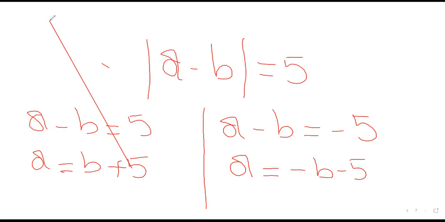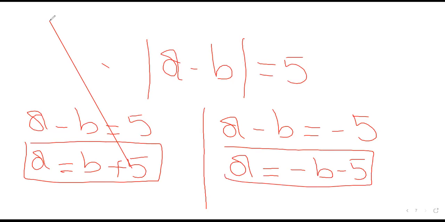So look at the difference of these two solutions. This is the first solution for A. This is the second solution for A. And the difference between these two solutions will give you 10 only. Am I right?